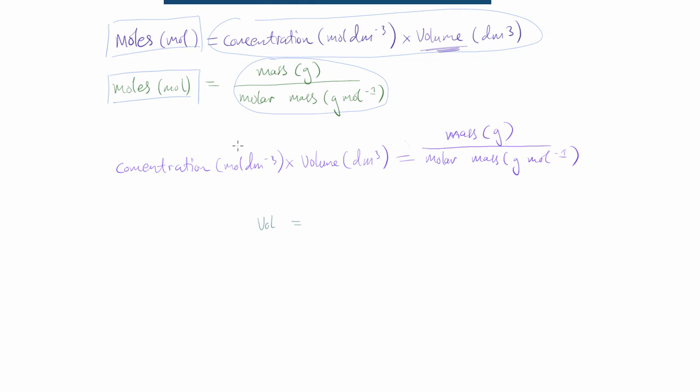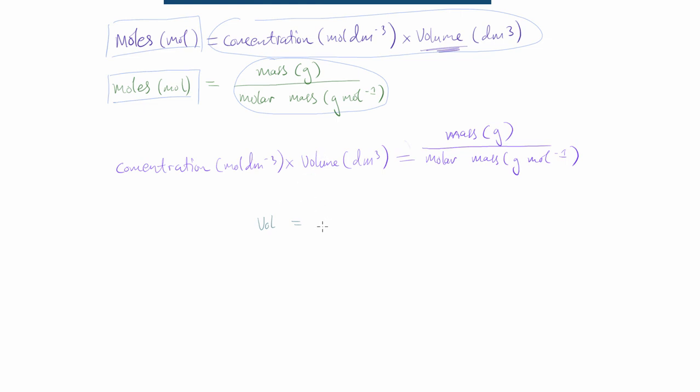If we divide this side of the equation by concentration, it would be placed on the bottom half of the equation, because what we're effectively doing is multiplying mass over molar mass by 1 over concentration.